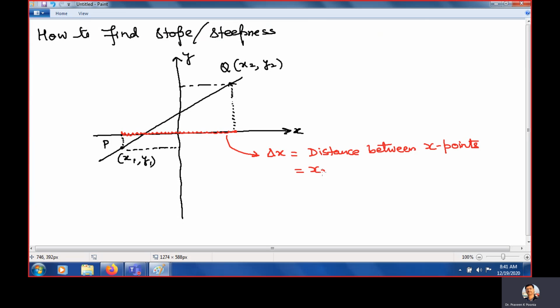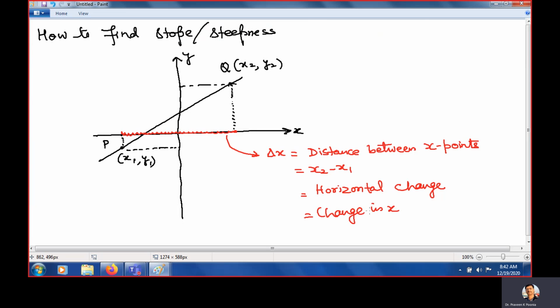This distance is always x2 minus x1, because x2 is big, x1 is small, so big minus small, this distance we will get: x2 minus x1. Clear? This we can also call horizontal change. Horizontal change means change in x.